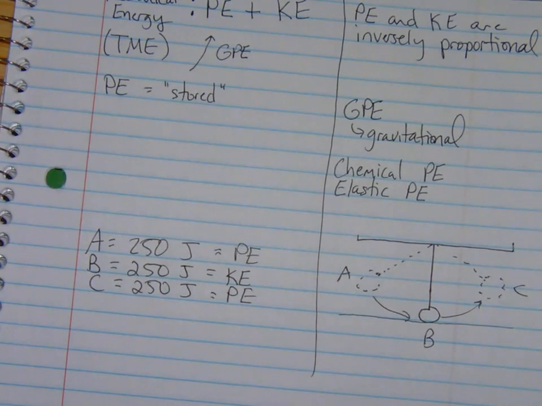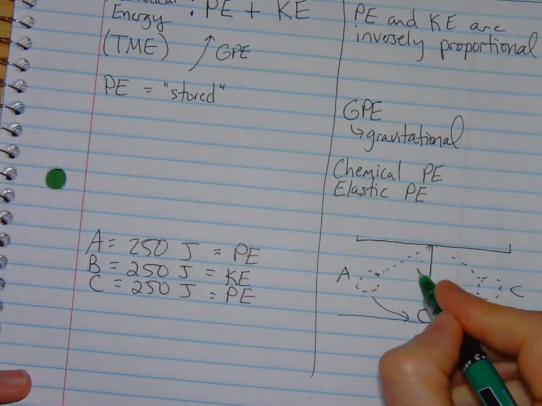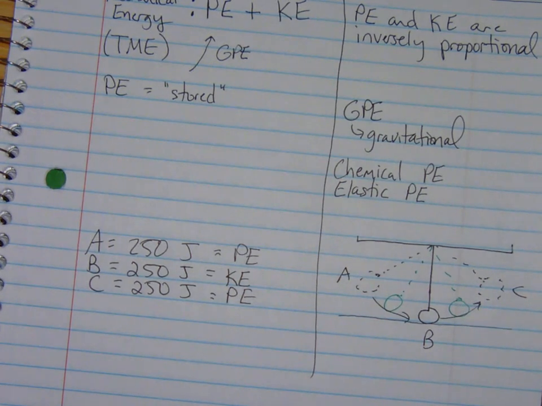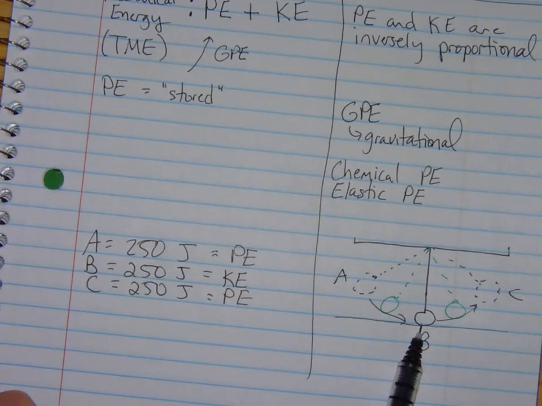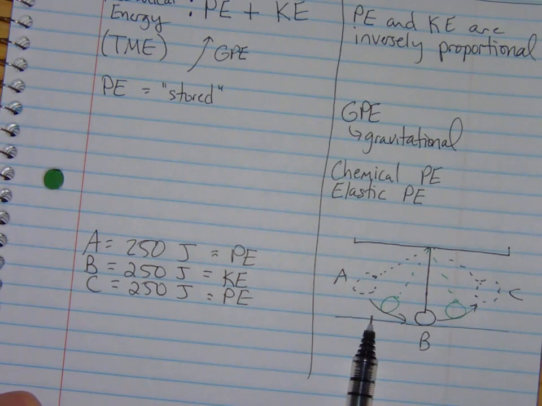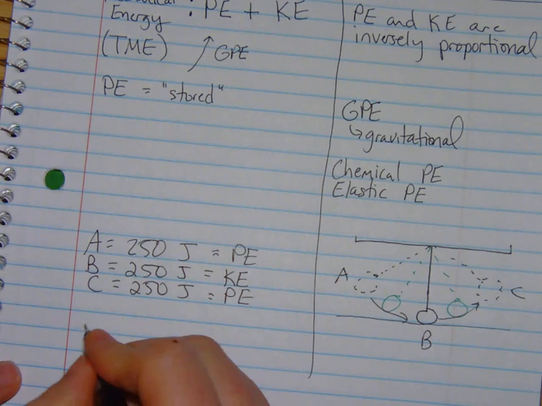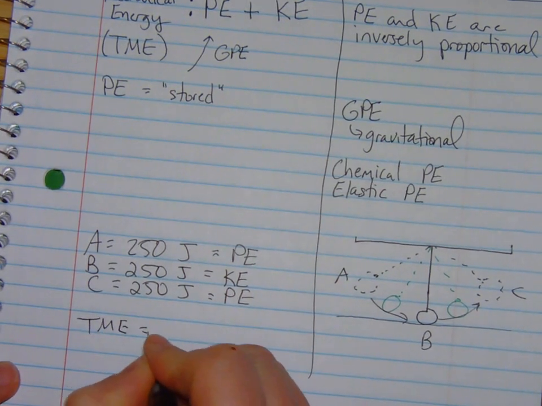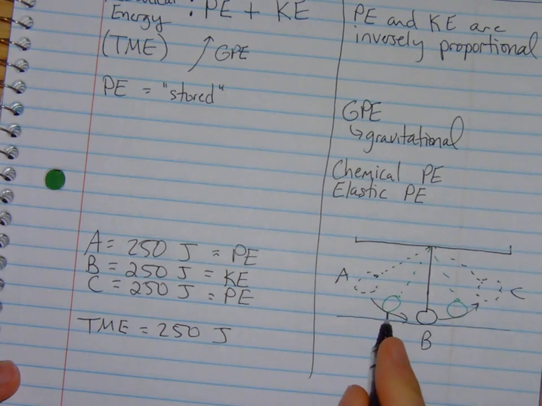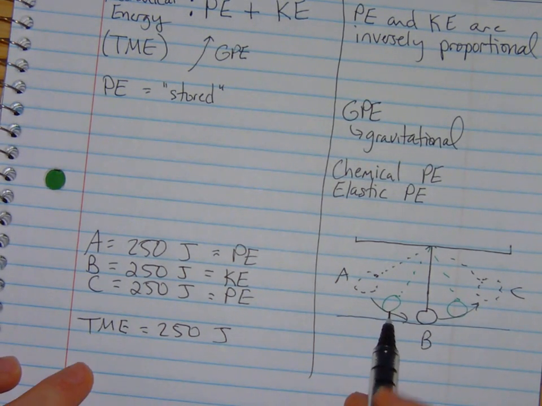So the kicker is, how could we figure out what about these mid-marks, somewhere along the way? Because we have a total of 250 here, a total of 250 there, a total of 250 there. So we have to have the same total. Our total mechanical energy has to be 250 joules. And so here we know it's above the ground and it's moving, and it looks like it's halfway.